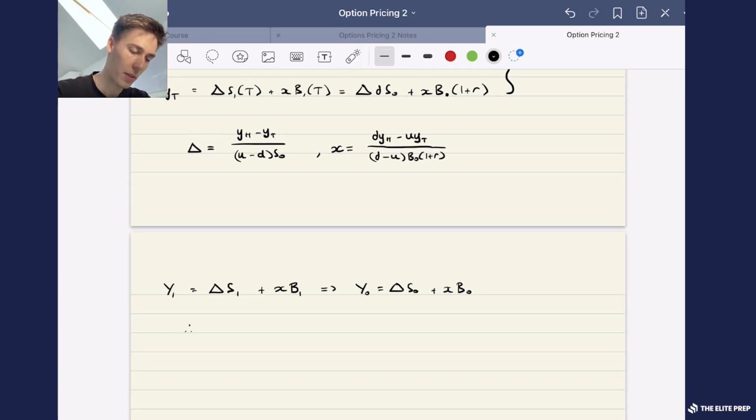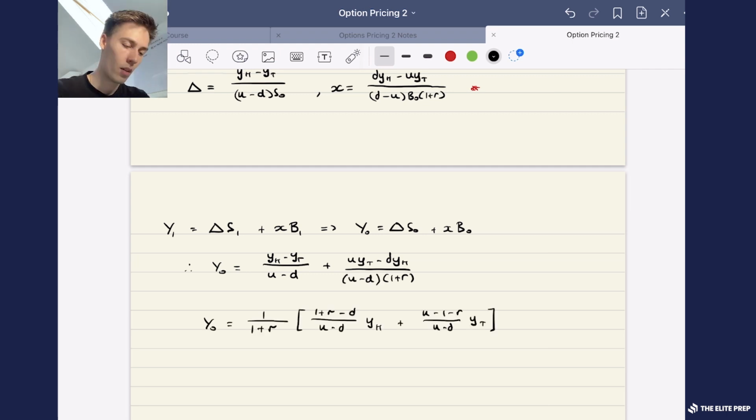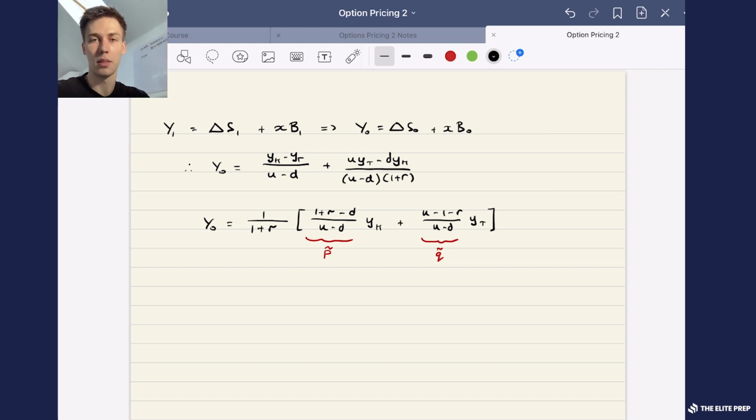And therefore, by plugging in the values above, and after some rearrangement, we actually get the following. And from this equation, we can define this as P tilde, this is Q tilde.